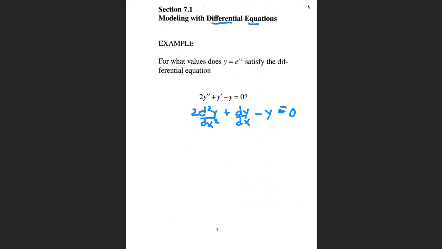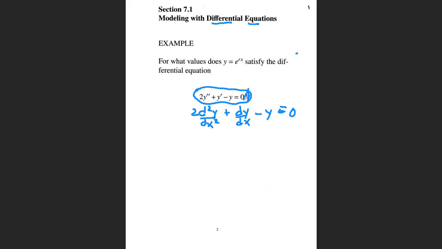And what we have here is a second order differential equation, because the highest derivative is of second degree, a second order derivative.